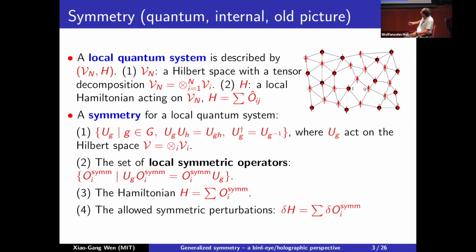The Hamiltonian is just a sum of local symmetric operators. Importantly, the allowed symmetric perturbations are also given by these local symmetric operators. So we see that local symmetric operators play a key role in defining symmetry.